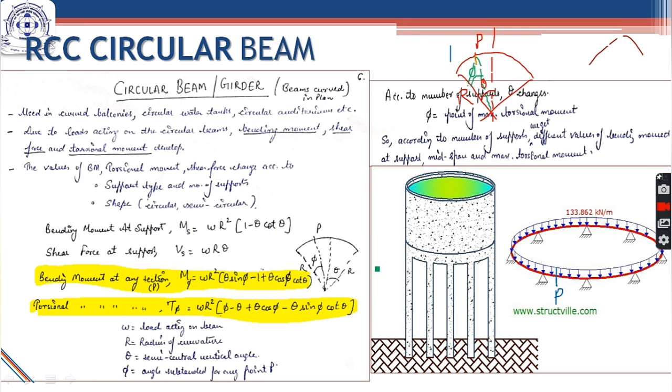So if you look at this diagram properly, r is the radius of this particular beam, and theta is the semi-vertical angle of this beam. So for a particular beam, r and theta will be fixed. Phi here is the location of any point P on this particular beam. So when we move this point, for different points, their phi will be different. So I hope you understand the difference between phi and theta.